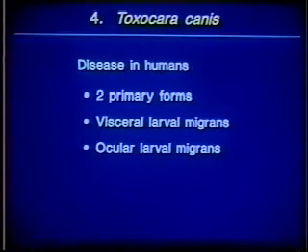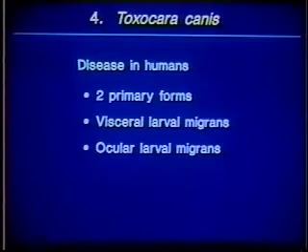We should quickly mention a few zoonotic diseases that are associated with parasites, particularly those from the dog, Toxocara canis, the roundworm of dogs.